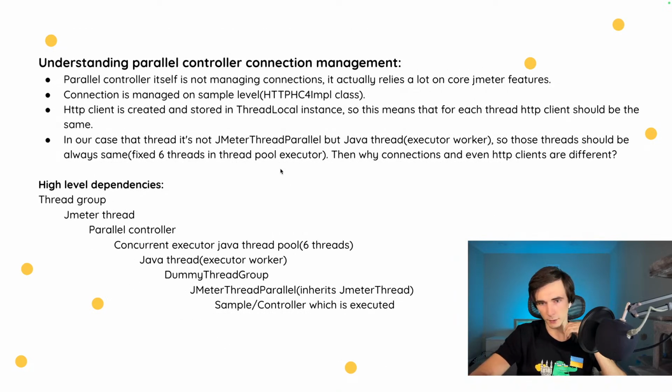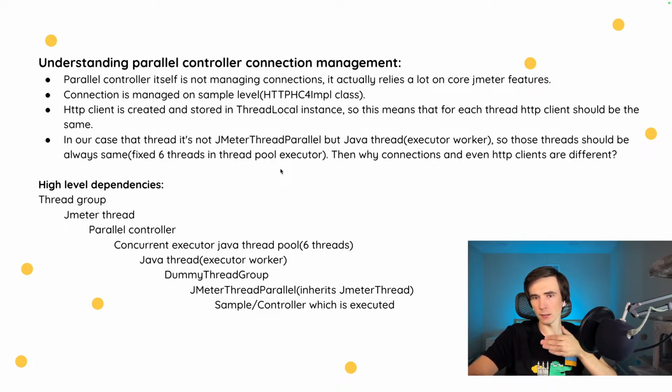And how is the connection managed? Yes, we are reusing the JMeter thread, but why is the connection closed? Because normally in a JMeter thread, if we are reusing connections, if we have this checkbox, same user in each iteration, connections are not closed.